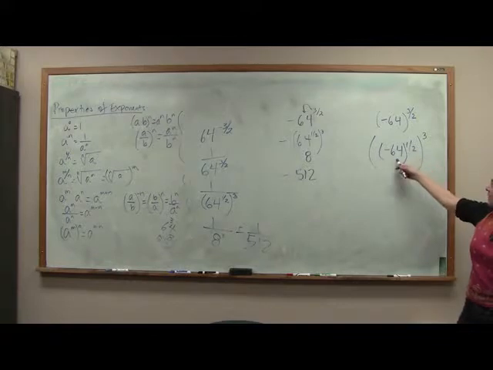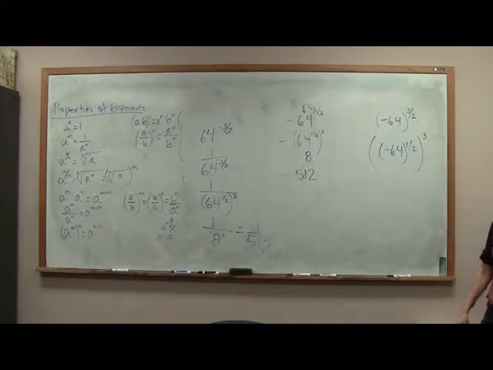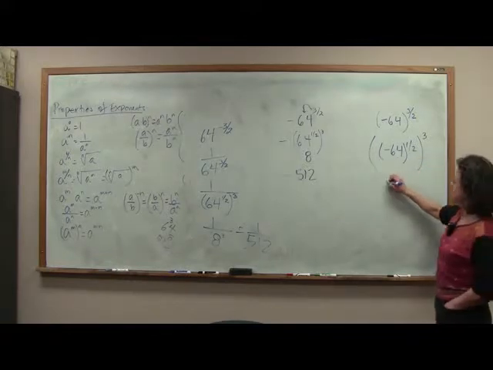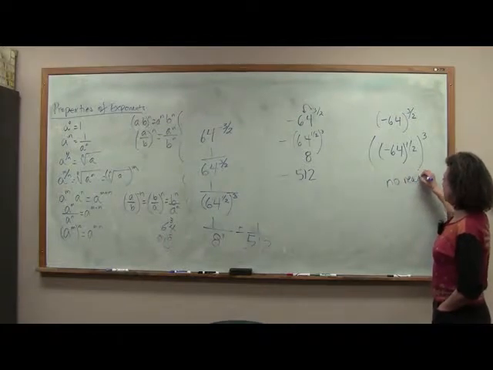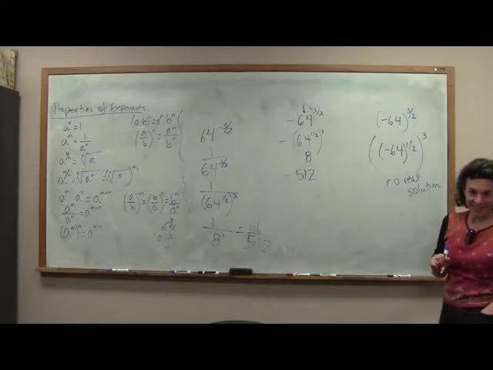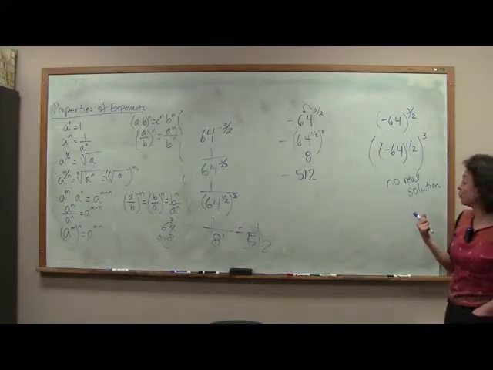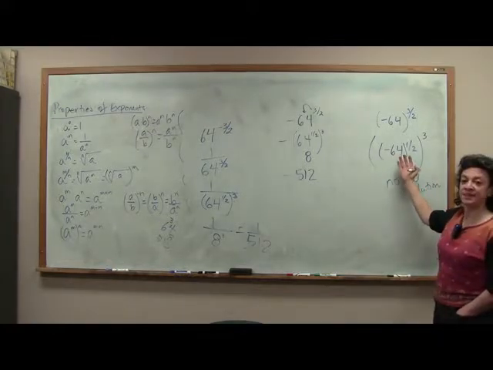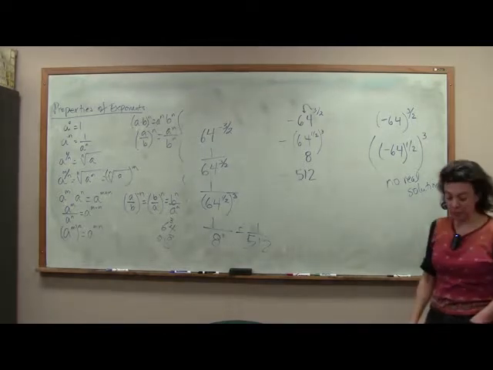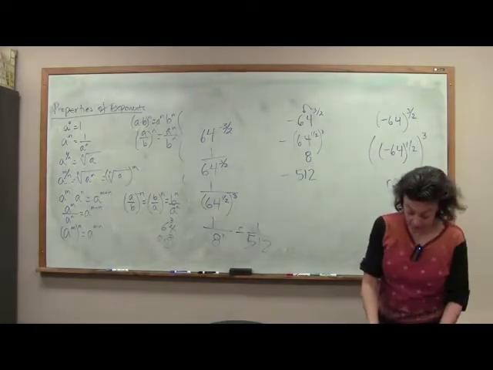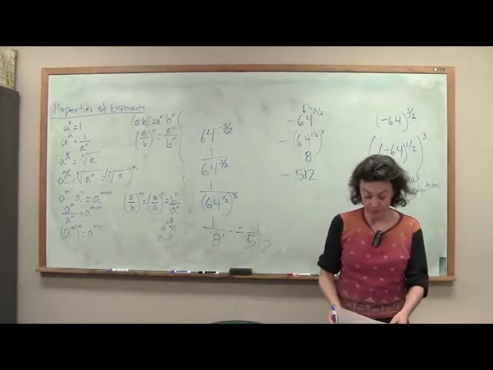Okay? I'm asking myself, what's the square root of negative 64? And my answer here is that there's no real solution. Okay? Again, why is there no real solution? Because you can't take the square root of a negative number unless you're dealing with complex numbers.